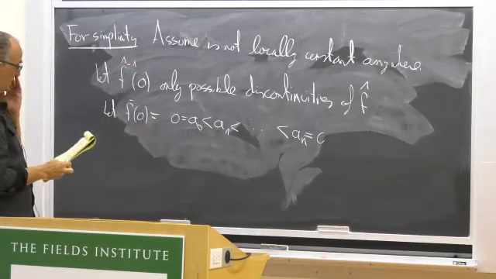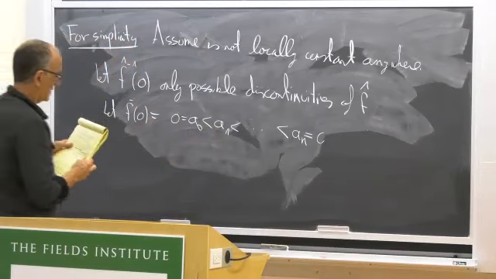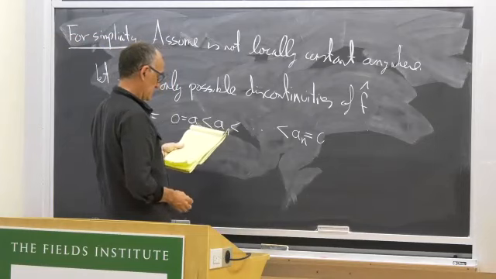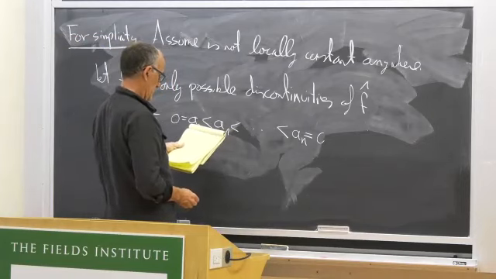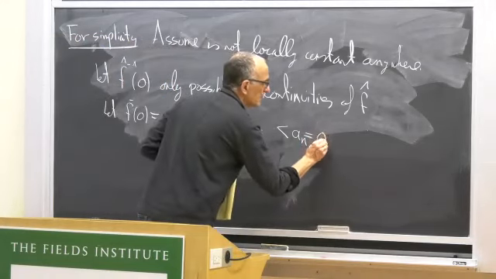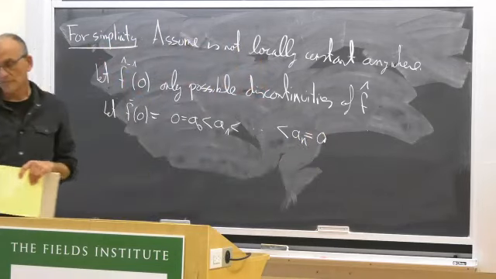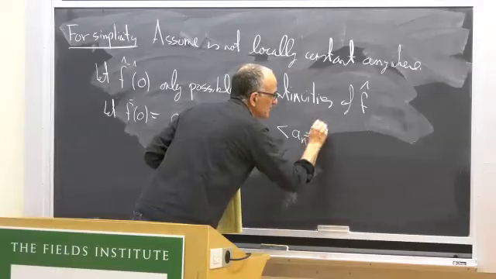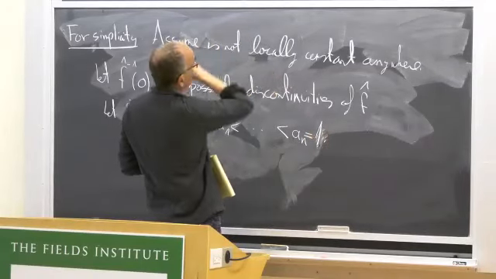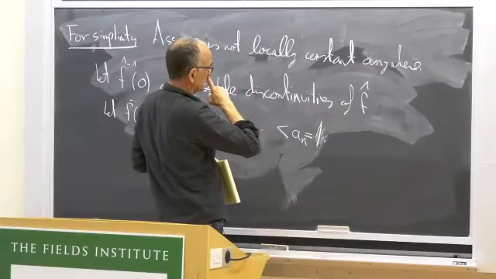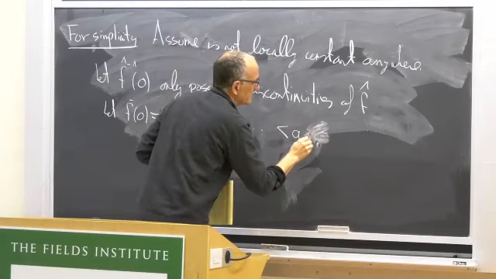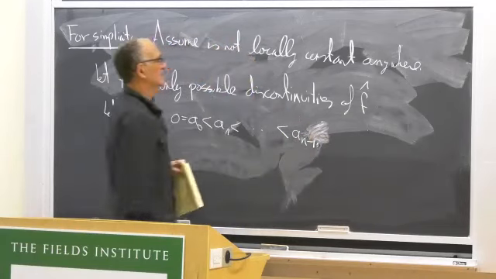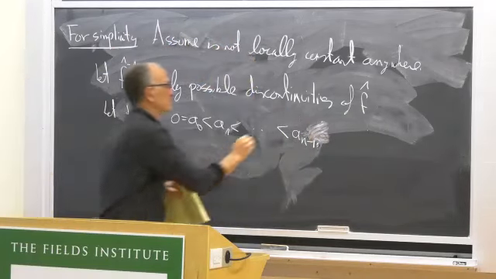At the end it also will go to 1, but 1 is not in the domain, right? So let's leave it like that for a second. Less than 1.